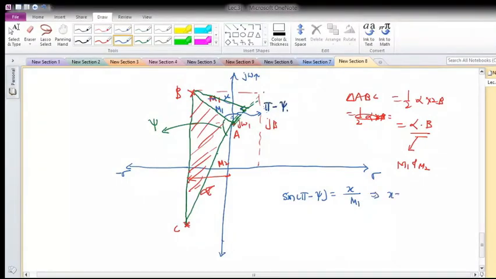Once I know x, I will be able to express the triangle in terms of M1 and M2. So x will be M1 into sine of pi minus psi, and sine of pi minus psi is basically sine psi only, so x will be M1 into sine psi.